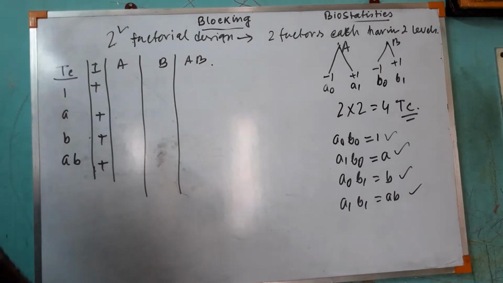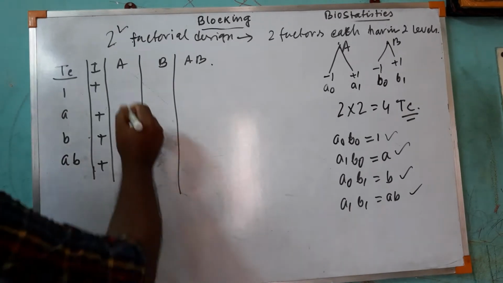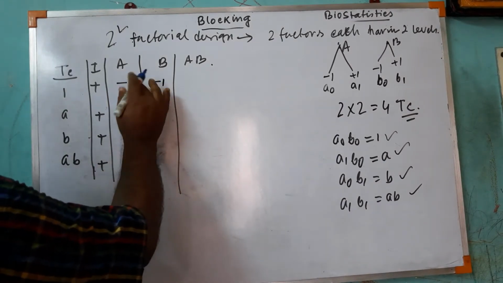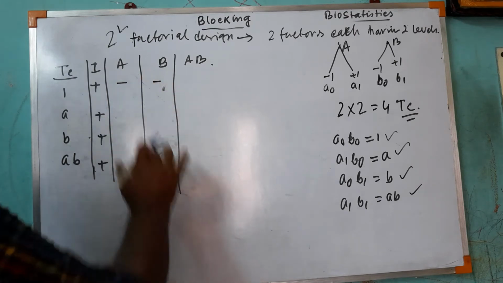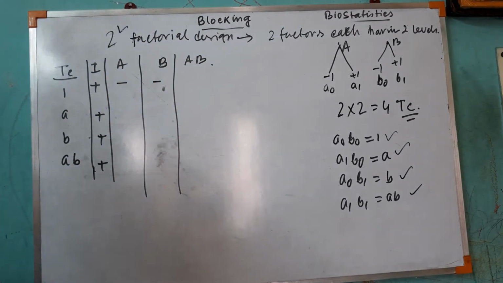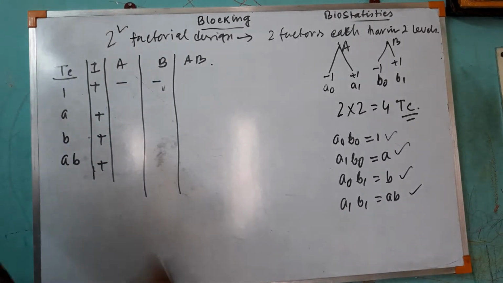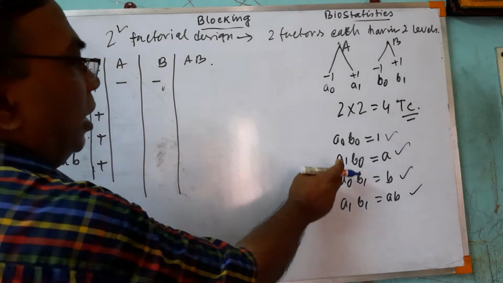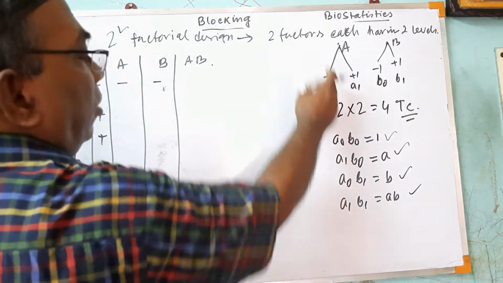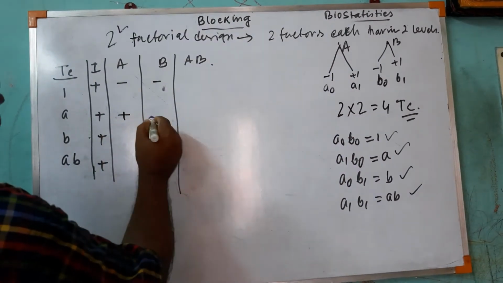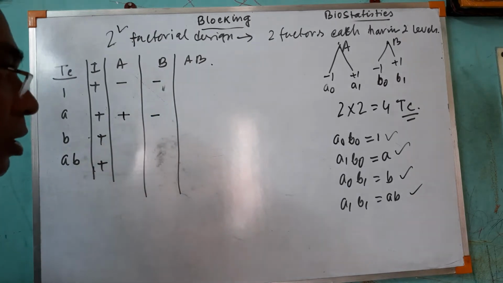1 means both at lower level. So I am writing here minus, here minus. You can write -1 also, but I am writing simply minus. It doesn't matter, both are at lower level. A means what? A means factor A having higher level, that is plus, and factor B at lower level, that is minus.